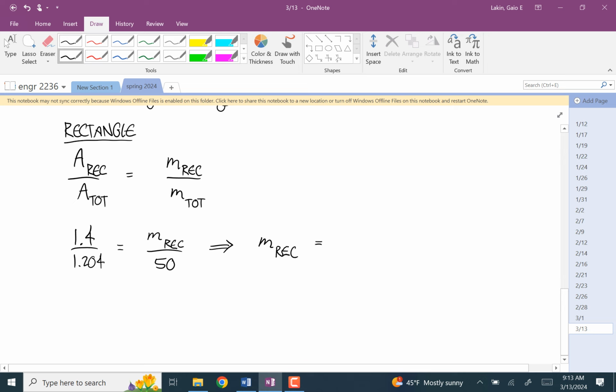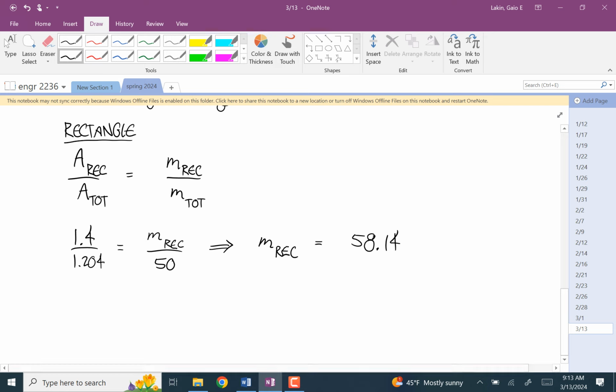So the mass of the rectangle is 58.14. And that means that the mass of the circle is going to be, you can think of it as negative 8.14.